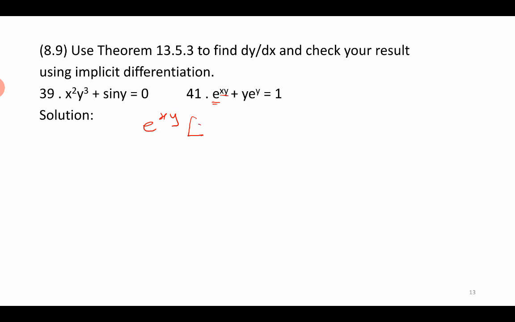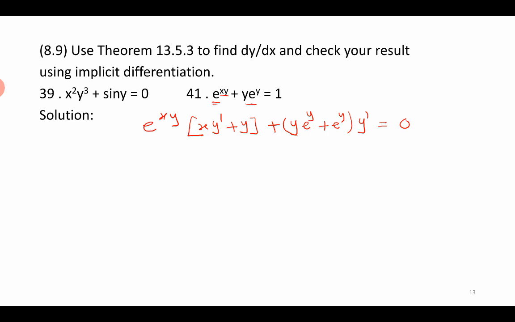Keep x, differentiate y, this is y prime. Keep y, differentiate x, it will be 1, plus the second term y times e power y using product rule. Keep y, differentiate e power y, that will be e power y. Keep e power y, differentiate y. So everything is done. Then when we are differentiating y with respect to x, it is y prime, and in the right side it is 1, so it is 0.